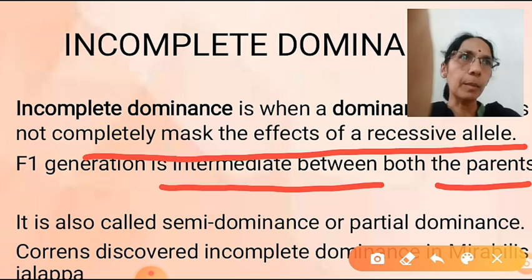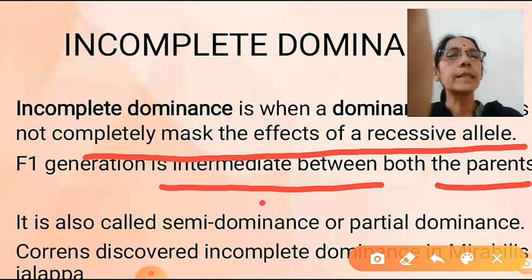In case of complete dominance, the F1 resembles one of the parents. But in incomplete dominance, the dominant allele is not masking the effect of the recessive allele. As a result, the F1 generation is intermediate between both parents. So it is also called semi-dominance or co-dominance.